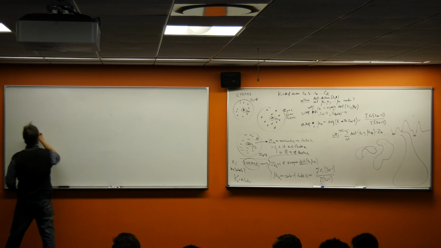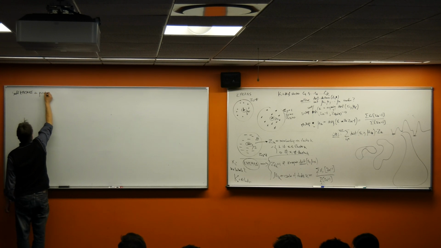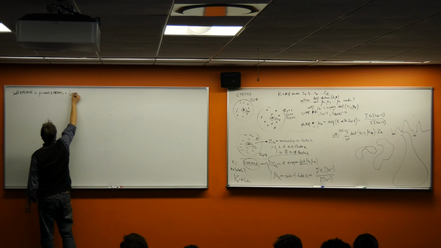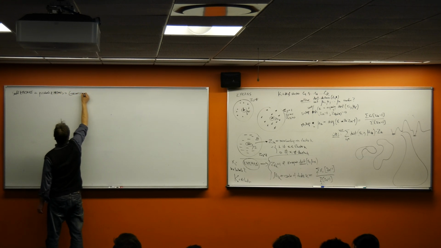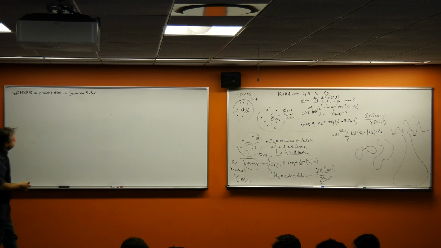So it has 2 names. I'm going to say soft k-means. That's the same as probabilistic k-means. That's the same as Gaussian mixture. That's what we want to do today.